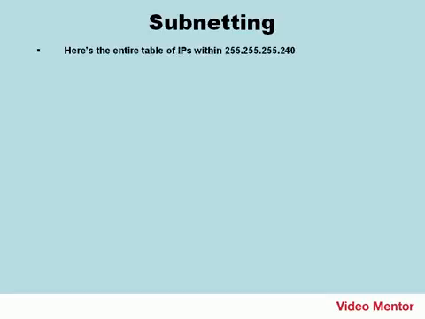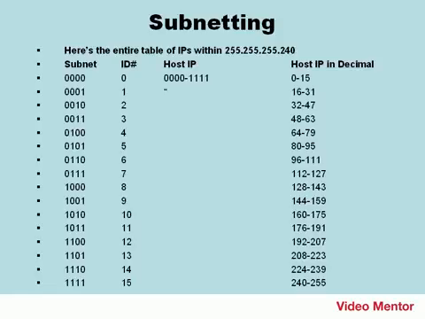Here's the entire table of IPs within 255.240. And this may seem like a lot of information at first, but if you look at the left-hand column, we see the subnets, which are just being shown in binary and in decimal. So the ID numbers go from 0 to 15. For each of those subnet IDs, we can have hosts between 0 and 15.